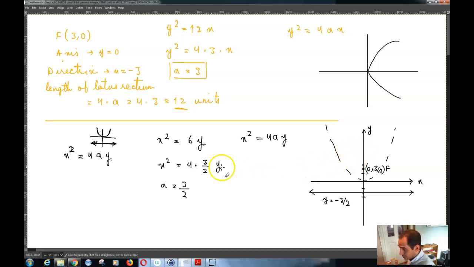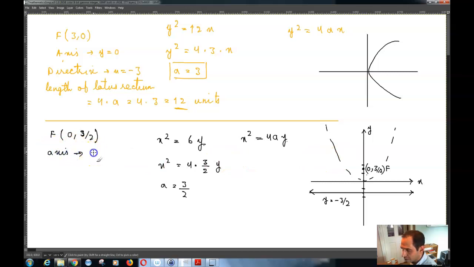And so basically the different things that you need about this parabola are the coordinates of the focus, which is 0, 3 halves. So F would be 0, 3 halves. And then you have the axis of the parabola. The axis is the y-axis.